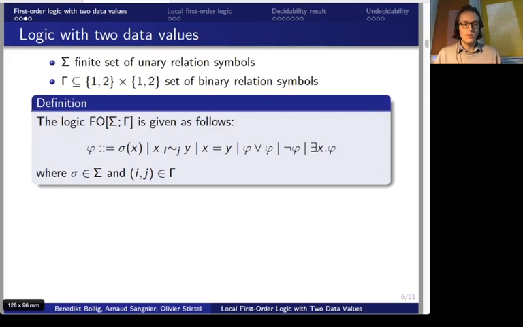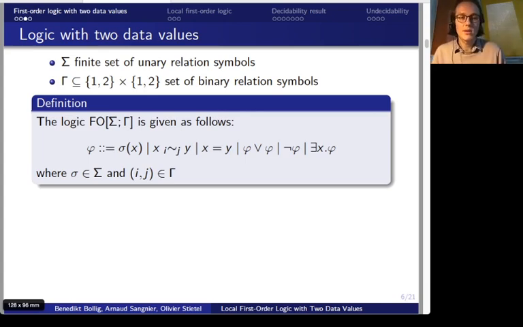For the logic, it is parameterized again with sigma, the unary symbols, and with gamma, the set of binary relation symbols. The formulas will be built from atomic formulas. There are formulas saying that the element x has the unary predicate sigma.